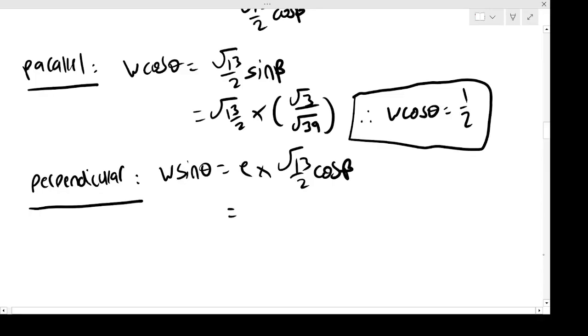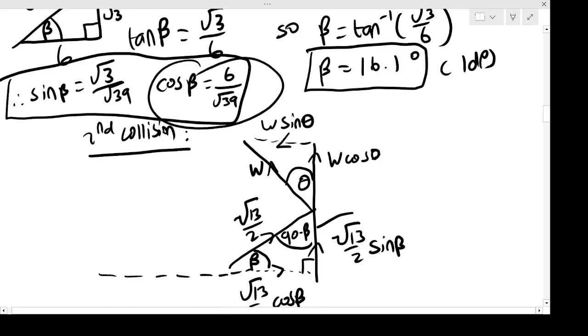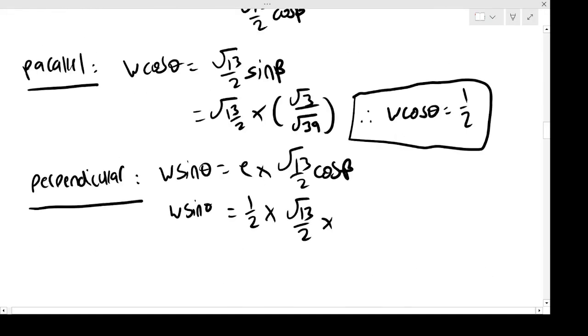Likewise then, W sine theta. Well, firstly E, remember E's a half, right? And then we're going to times by root 13 over 2 lots of cos beta. Now cos beta is 6 over root 39. So work all of that out, and we get root 3 over 2.